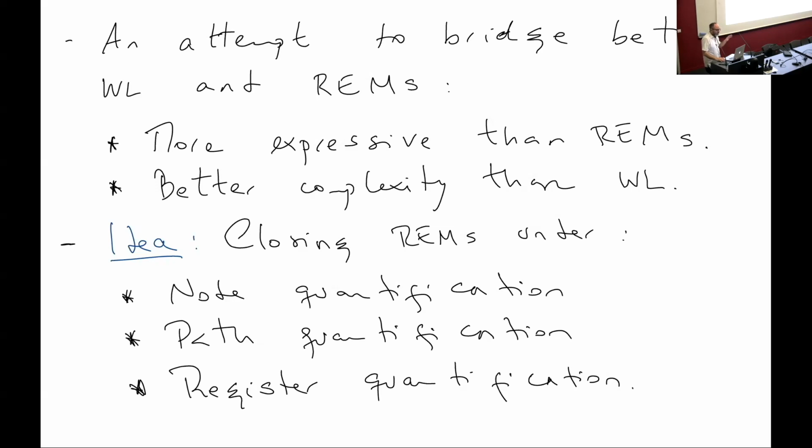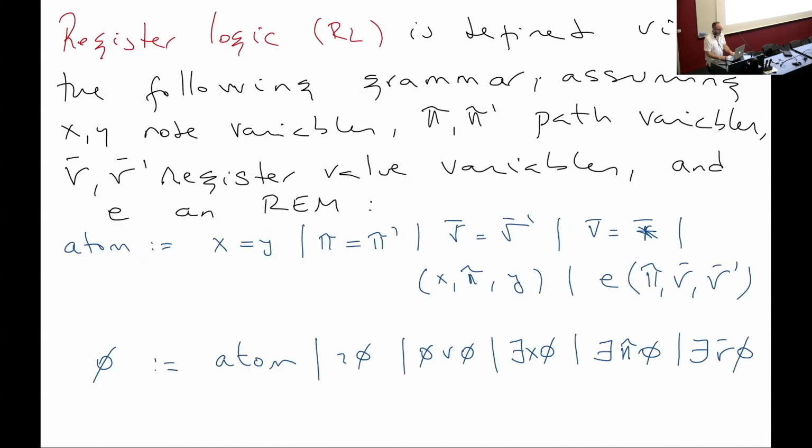So we wanted something more expressive than REMs, and yet with better complexity. The idea we came out with was closing REMs under node quantification, path quantification, and register quantification. This is related to a previous question on whether you could have negation for all paths. This is something that you can express in this logic with negation.